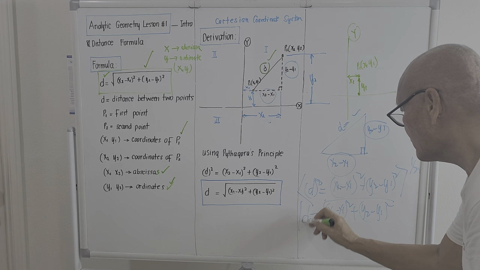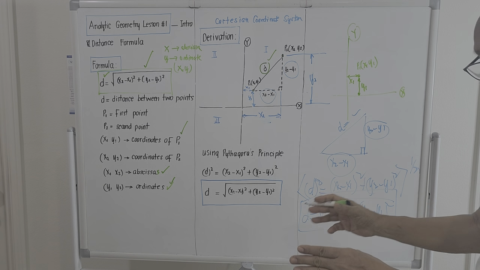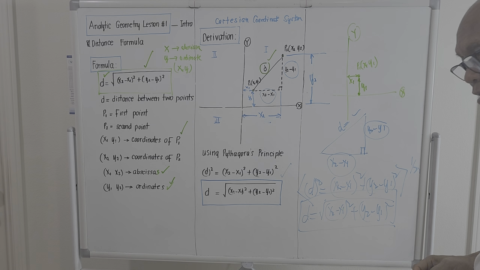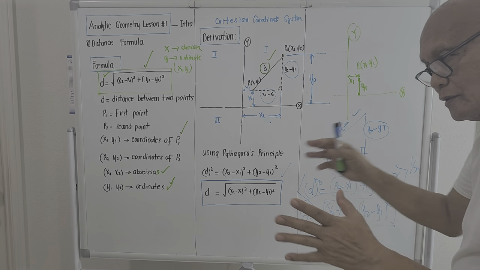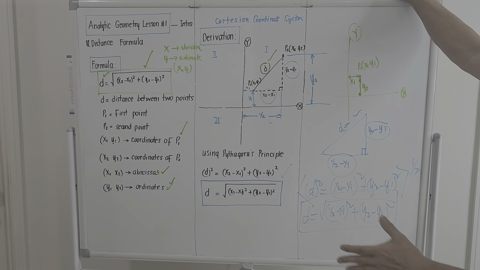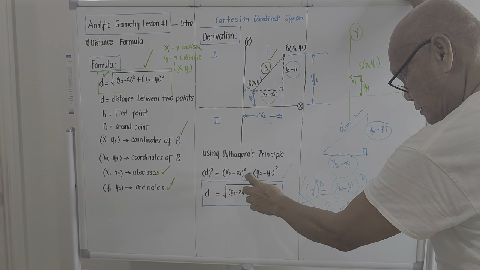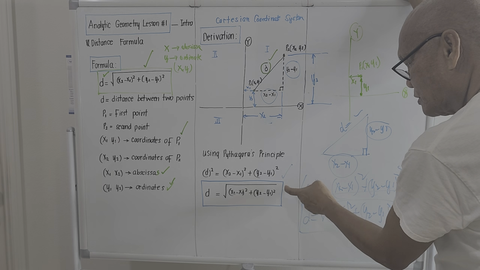And this is actually the number 1 formula under the study of analytic geometry. It is this. That is the distance between 2 points, okay, in the so-called Cartesian coordinate system. It is actually the square root of the difference of x sub 2 minus x sub 1 quantity square plus open quantity y sub 2 minus y sub 1 quantity square.